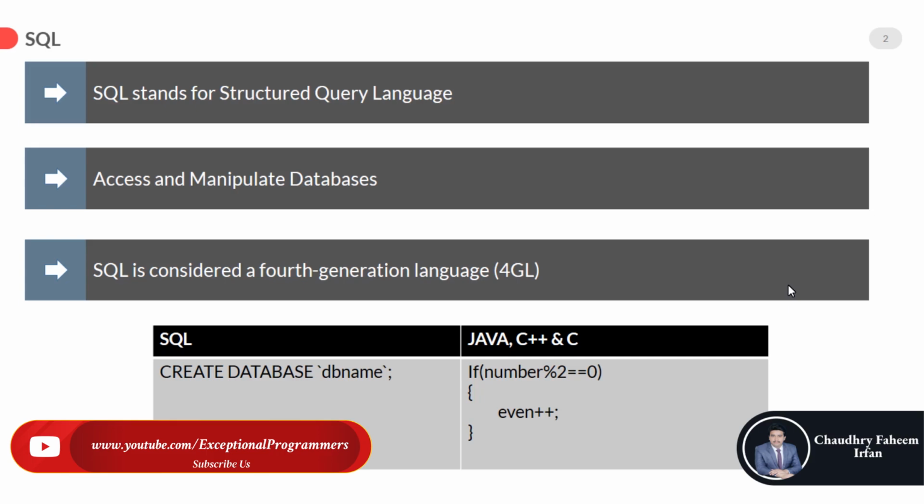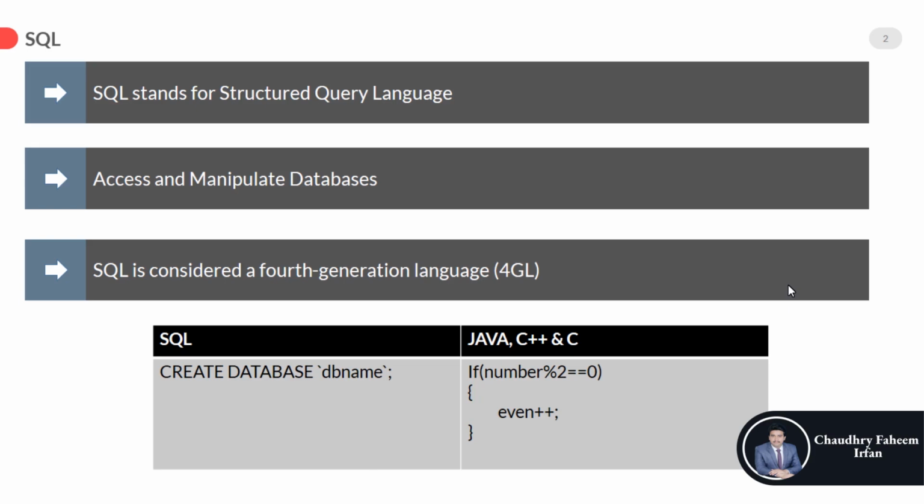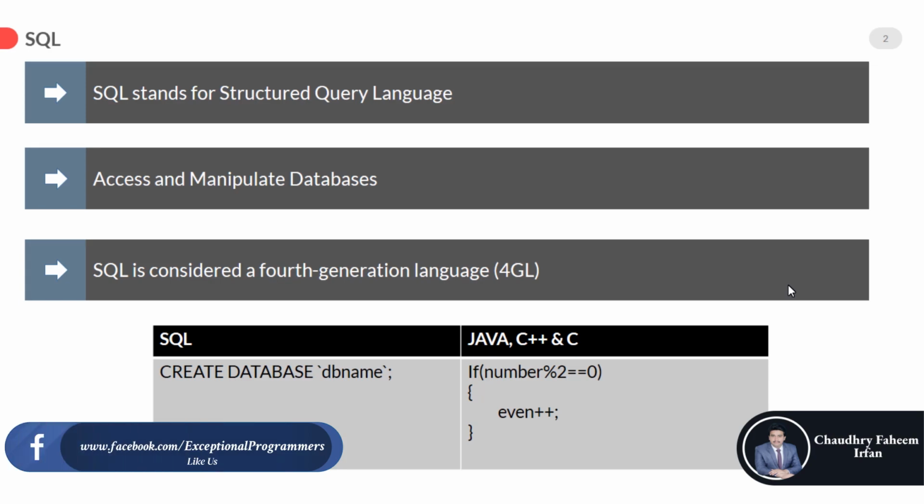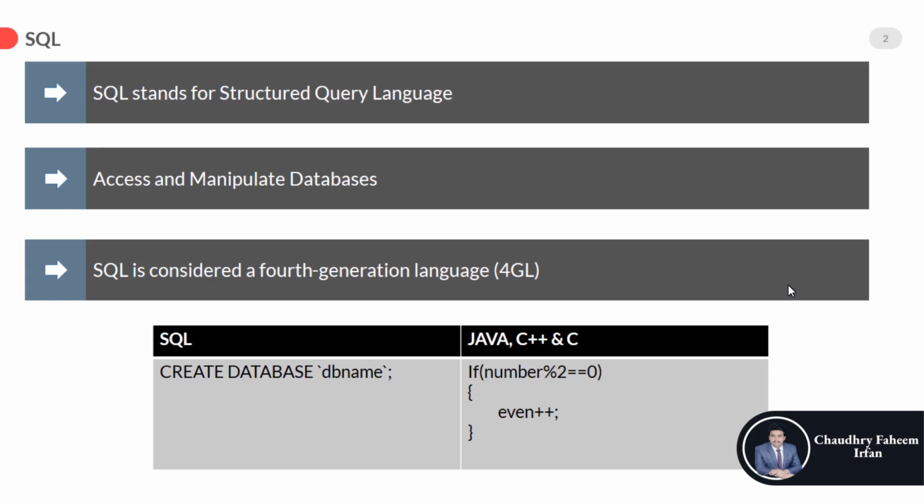For example, an instruction like "create database DB name", where DB name is a database name, is close to human language. On the other hand, "if number modulo operator 2 is equal to 0" is not close to human language.